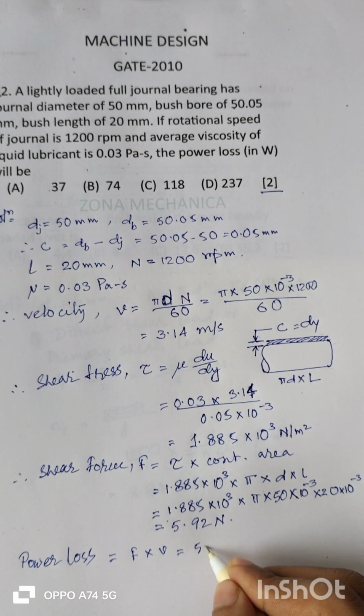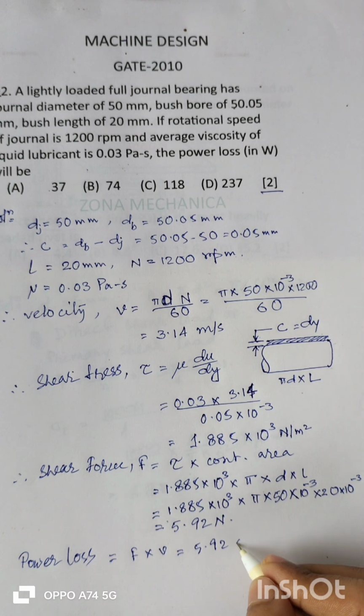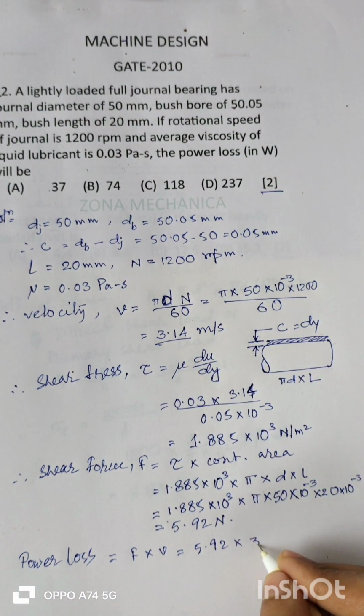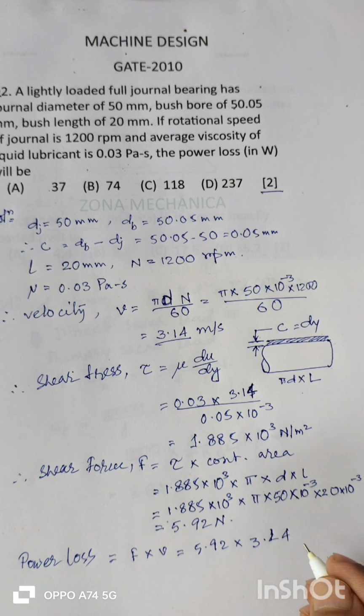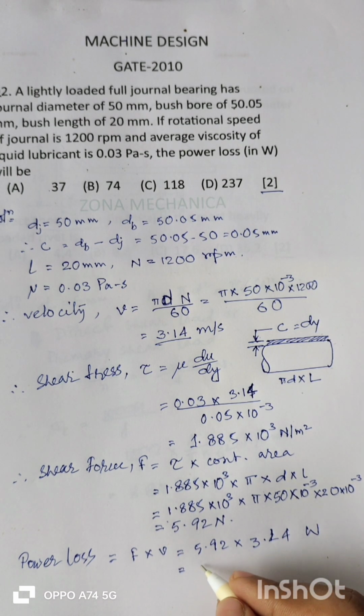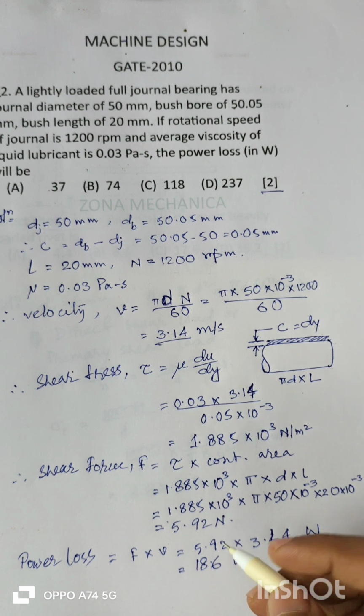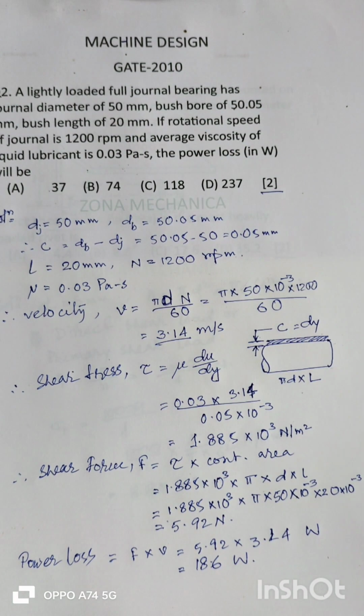So 5.92 multiplied by the velocity 3.14, this much of watt, that is 18.6 watt. Clearly our answer is nearest to option A. This is 37. Option A is the correct option.